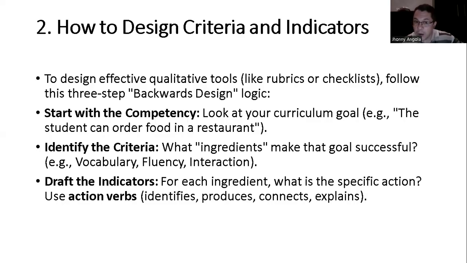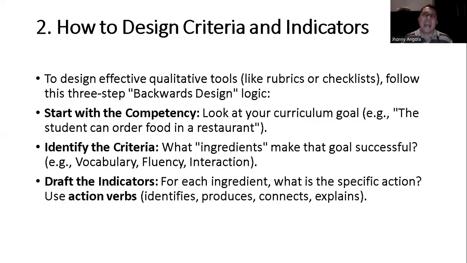Use action verbs specifically. When we work with indicators, you have to use action verbs, not non-action verbs. You have to write those verbs in the base form, not the infinitive: identifies, produces, connects, explains.